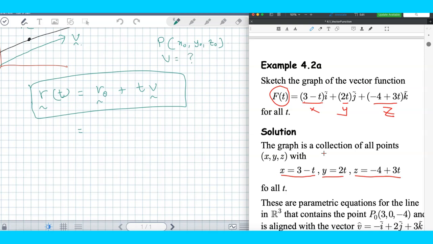So what is r naught? r naught is x naught, y naught, z naught, plus t times v.